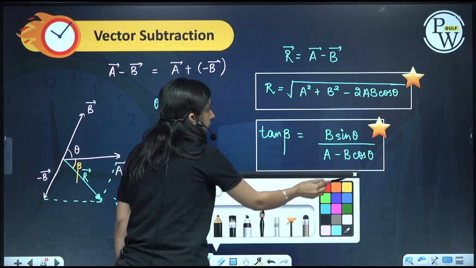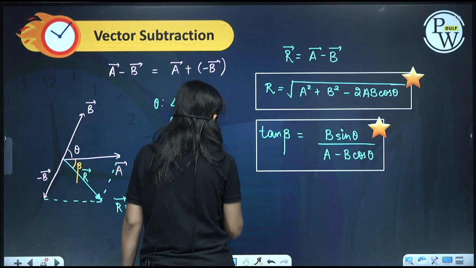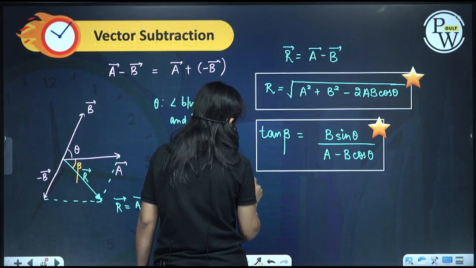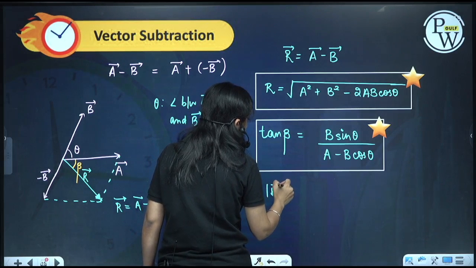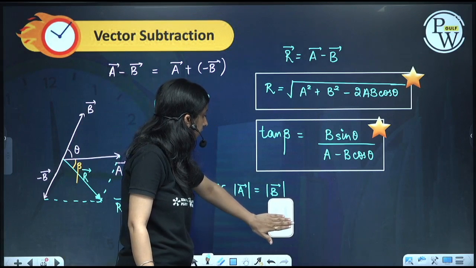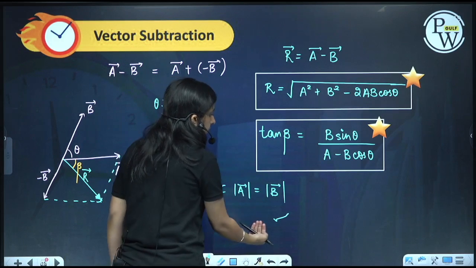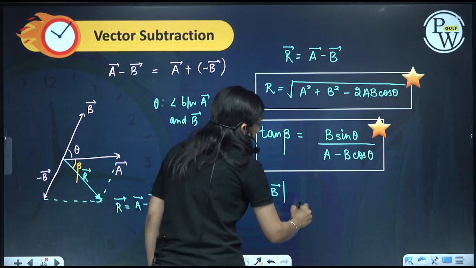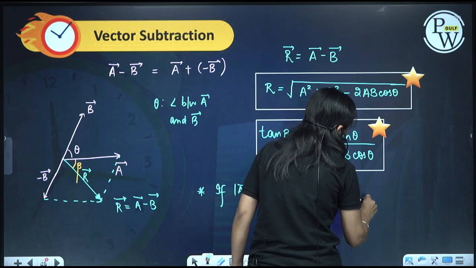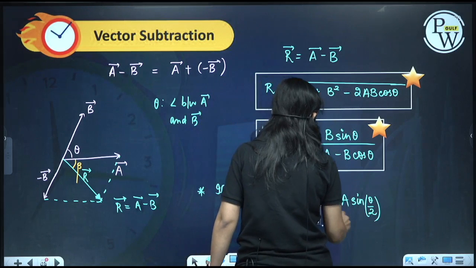Now see, if the magnitude of A is equal to the magnitude of B, if the magnitude of both vectors is equal, then my resultant will reduce to a shorter form: 2A sine of theta by 2.